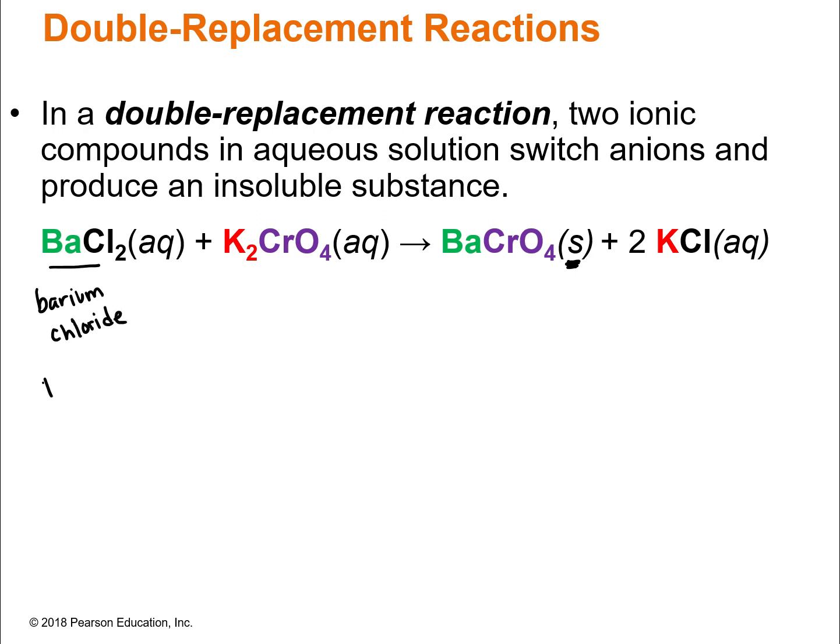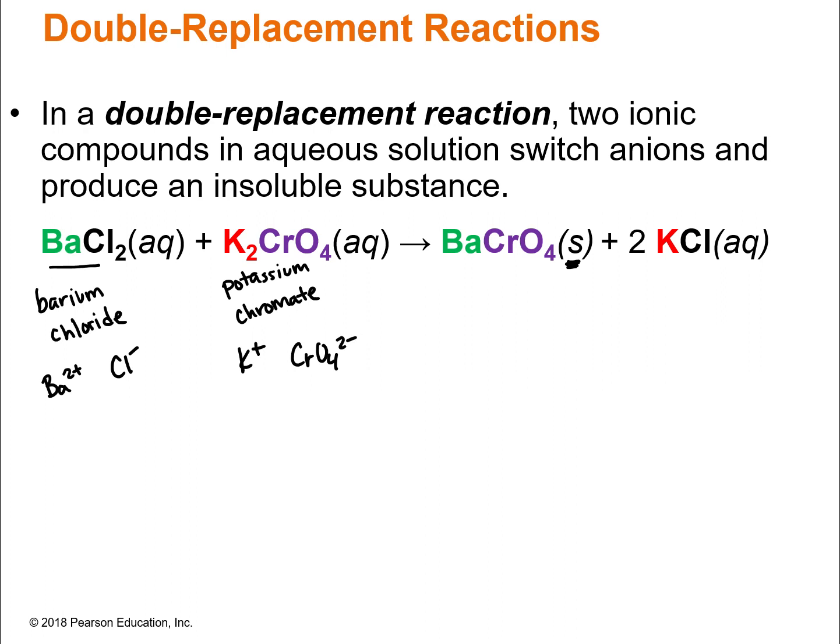What that means is you've got barium 2+ floating around, and you've got Cl- floating around. When you add the potassium chromate, that means you've got some potassium floating around and some chromate ions floating around.